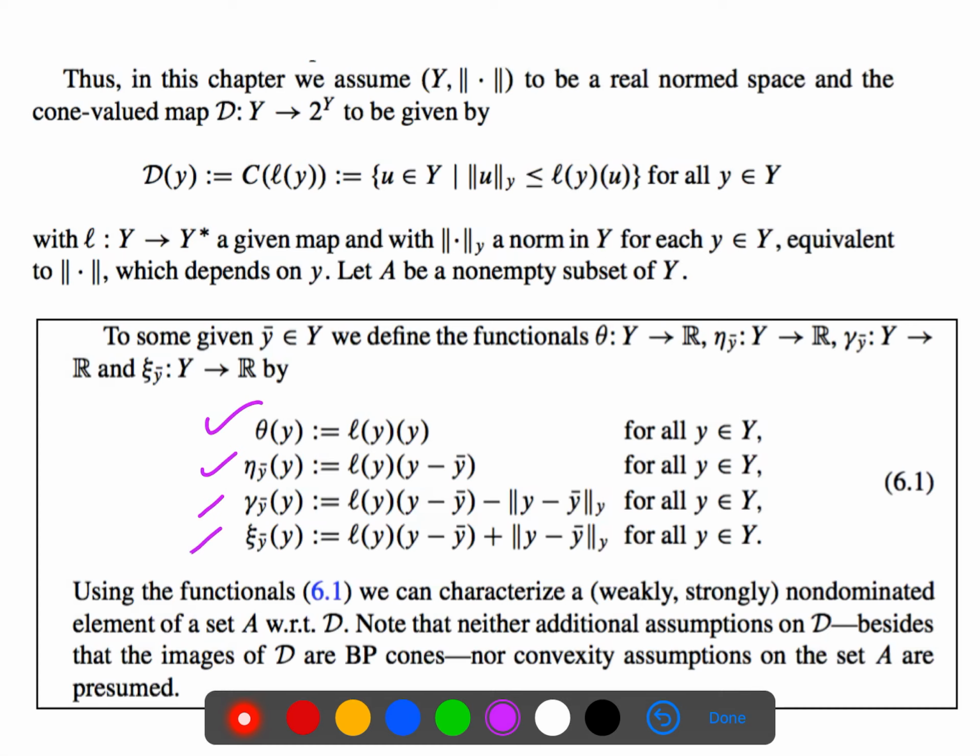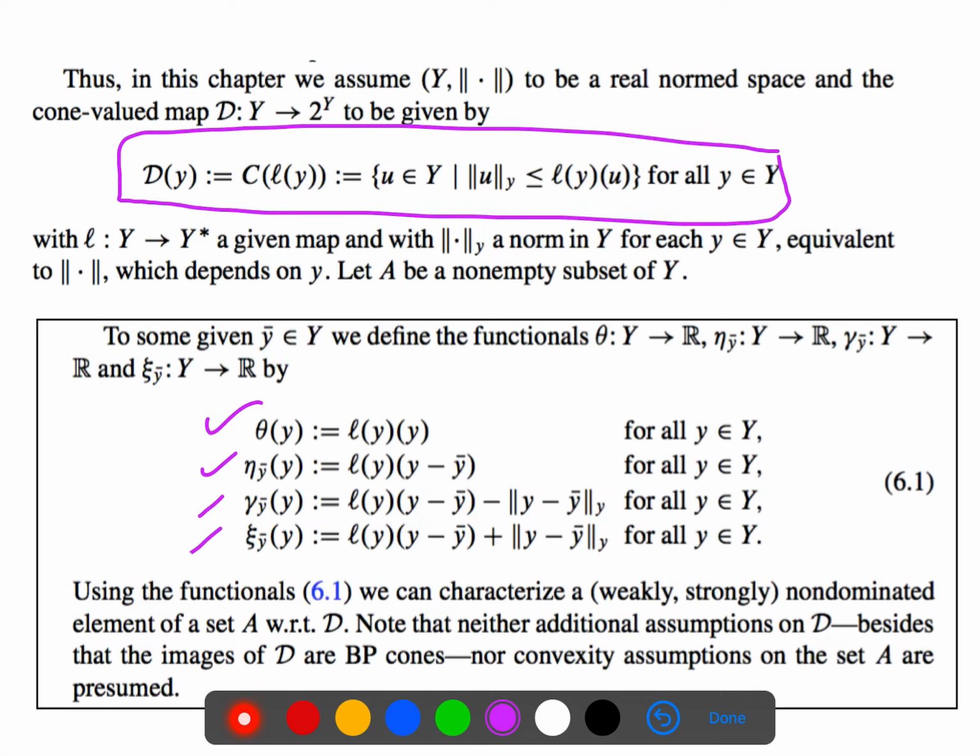Again, we assume that our set-valued function is taken from BP cones. So we find a functional L here, and then we create the set-valued cone.